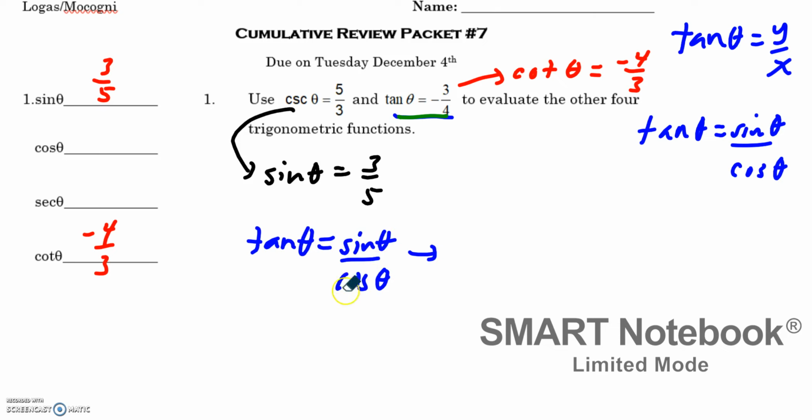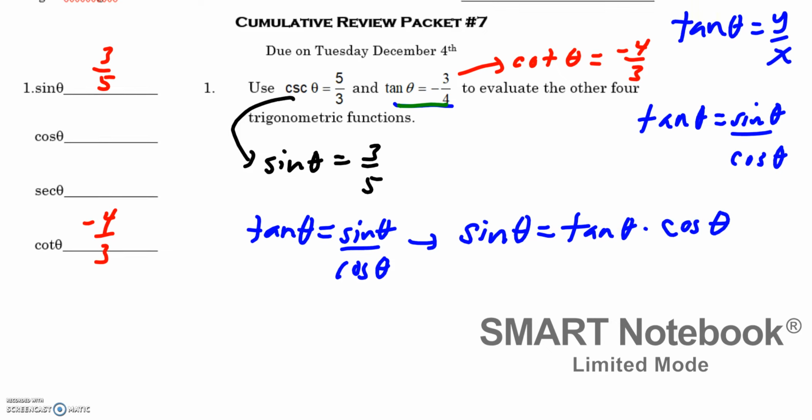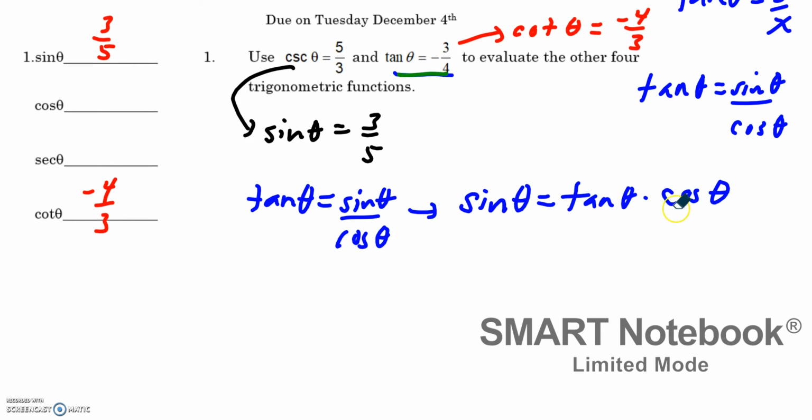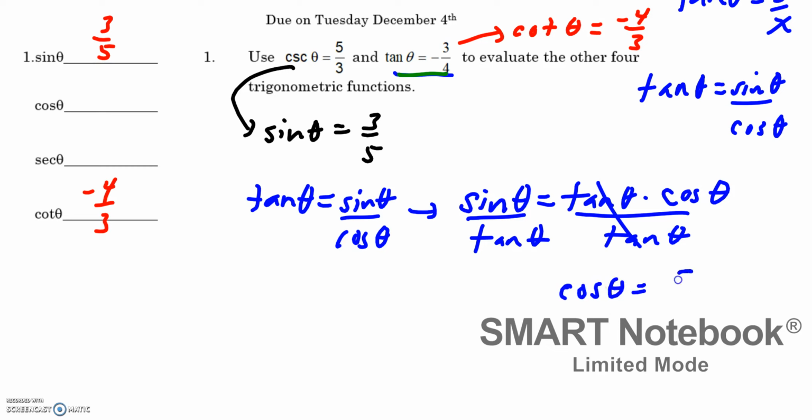If I cross multiply, I would know that sine of theta is equal to tangent of theta times cosine of theta. And if I want to get cosine theta alone, so I can figure out what it is, I can divide both sides by tangent. And I know that cosine of theta is going to equal sine of theta divided by tangent of theta.